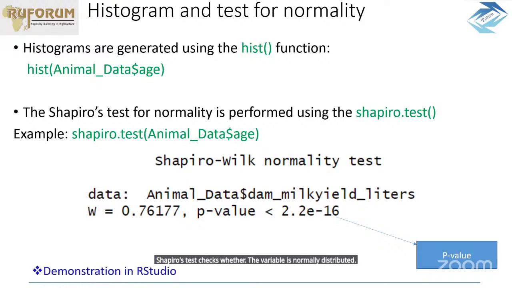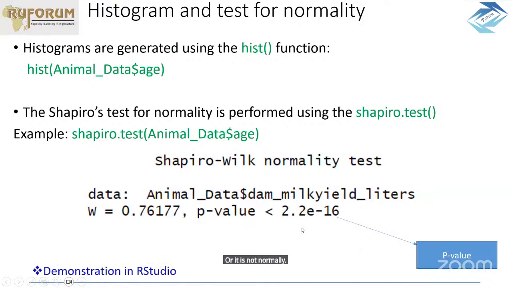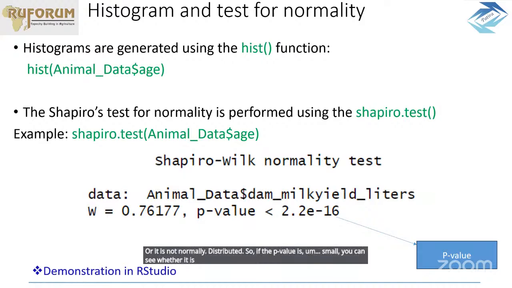How do you interpret the results of Shapiro's test? When you look at the p-value, you can quickly determine if the data that you're looking at is normally distributed or not normally distributed.